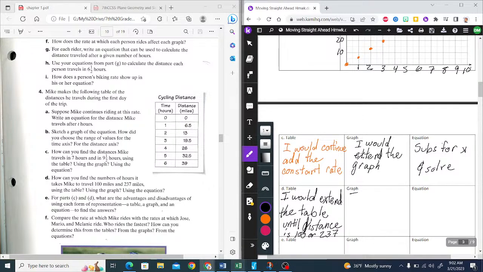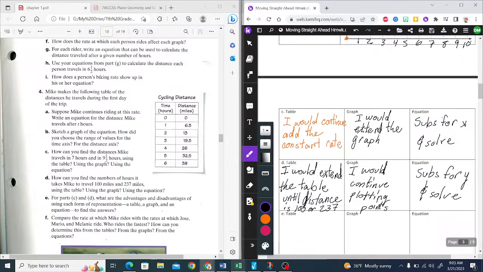For the graph, I would continue plotting points. And for the equation, we would actually just substitute for y and solve.